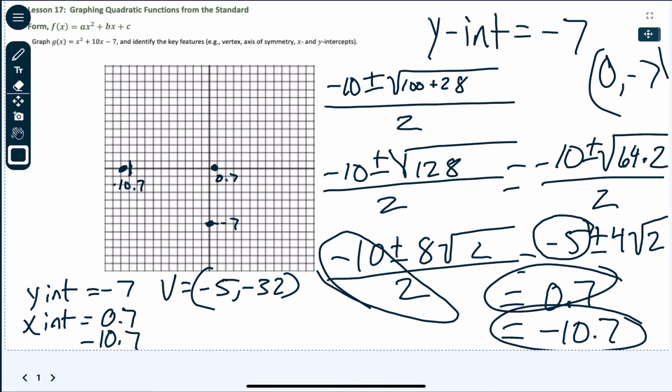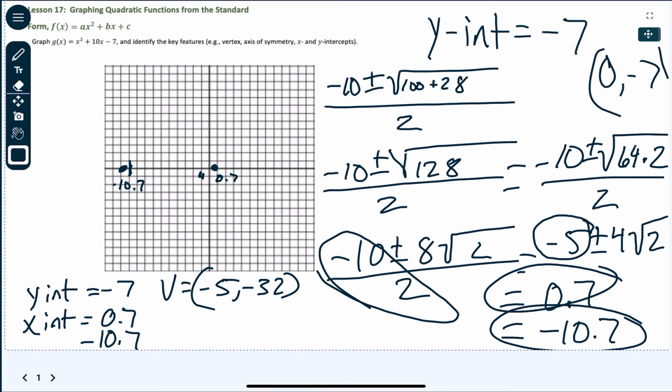Now we have a vertex of -5, -32. Ooh, we ain't gonna be able to do that, are we? We don't have enough spaces, so we're gonna have to do something else with our y here. This is going to look goofy. Let's do it by 4s.